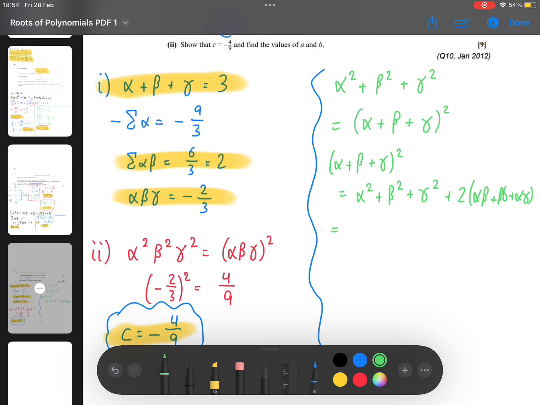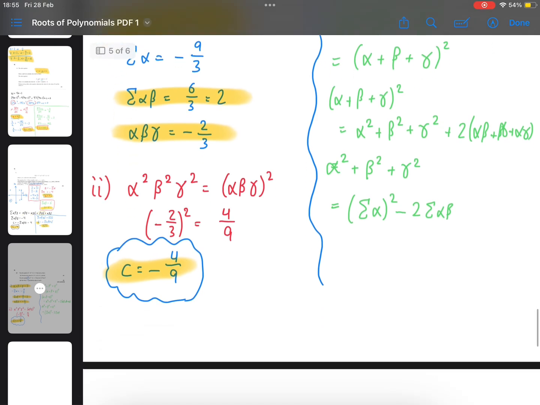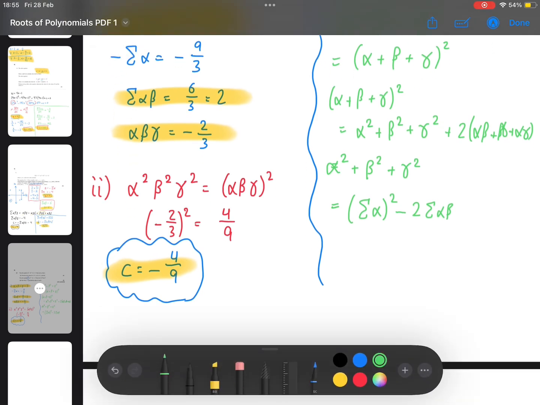So essentially what we have here is that alpha squared plus beta squared plus gamma squared, we can write as the sum of alphas squared minus two lots of the sum of the alpha betas. And just by expanding those terms out, we've now got alpha squared plus beta squared plus gamma squared in a form that we can easily solve, because we know the sum of the alphas was 3, so this is 3 squared minus 2 times the sum of the alpha betas, which was 2, giving us positive 5.